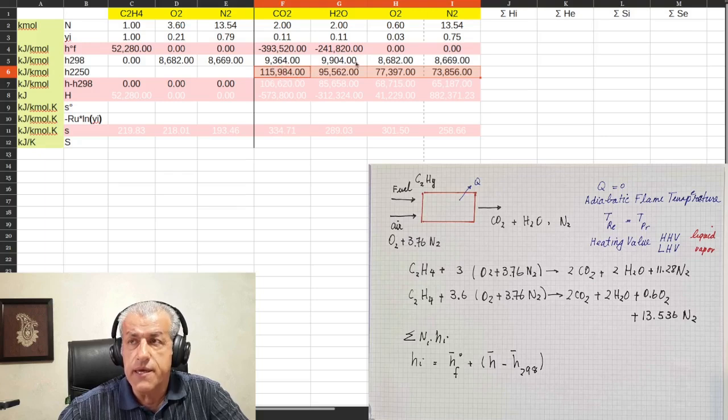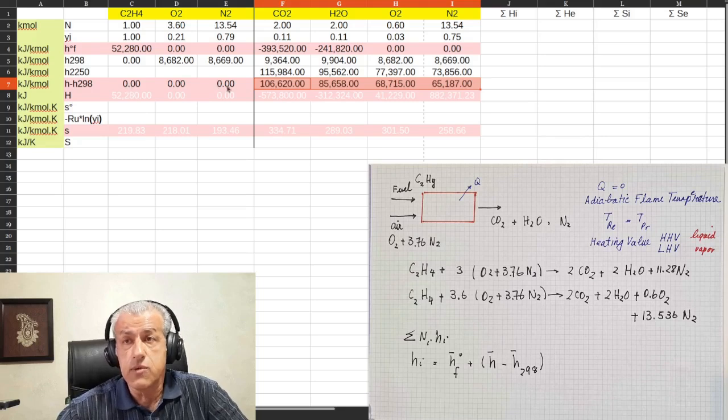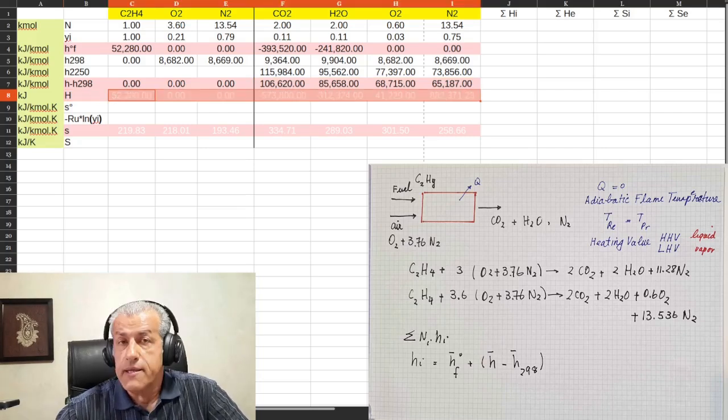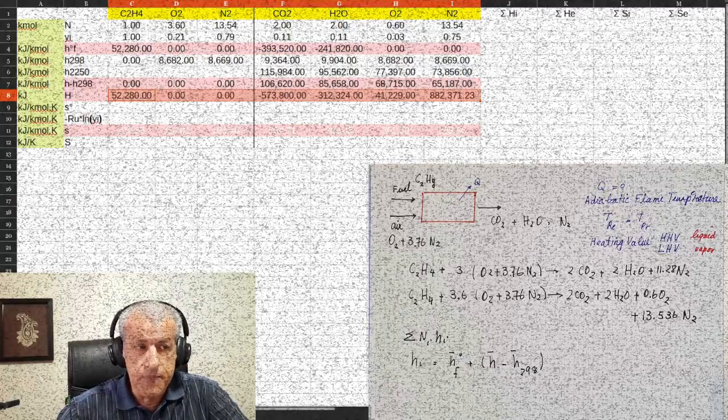H at 298 are these values, and therefore the difference between these two rows would in fact be the enthalpies of the products. These would be the sensible enthalpies of the products. Sensible enthalpies of the constituents are zero. Now, the total enthalpies of the reactants and also the products may be calculated here. How have we calculated these values? Let's calculate them here.